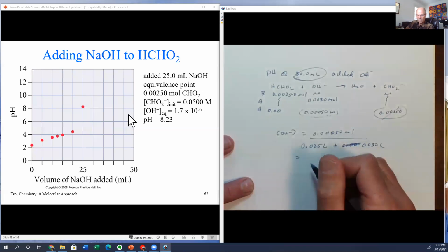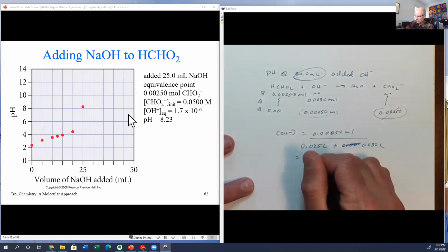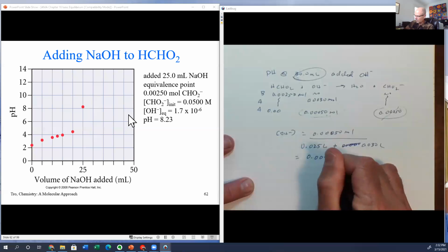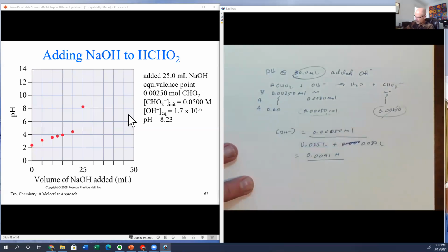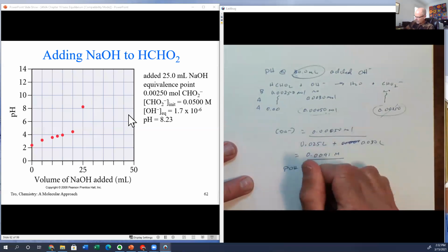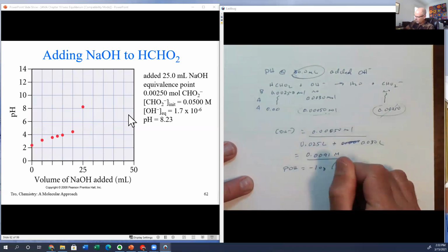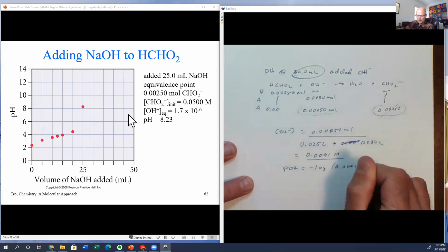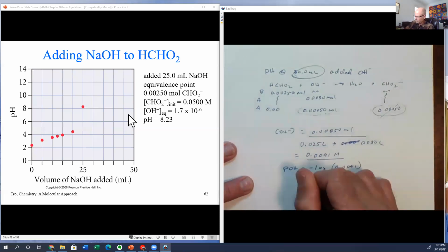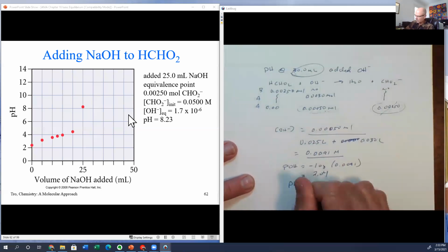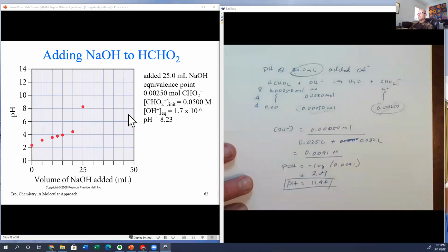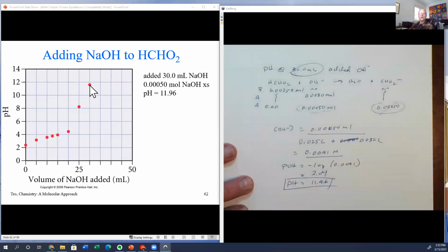And that's going to give me my OH minus concentration, which is equal to 0.0091 molar, right? So my pOH is equal to minus the log of 0.0091, and that's equal to 2.04, right? So my pH is equal to 11.96. So boom, my pH shoots up to 11.96 right there.